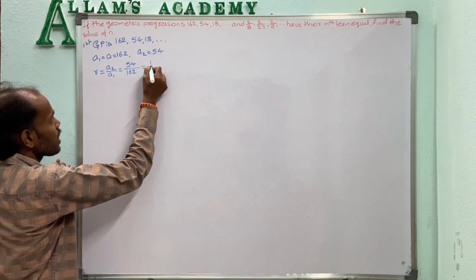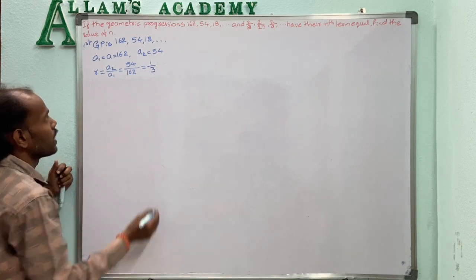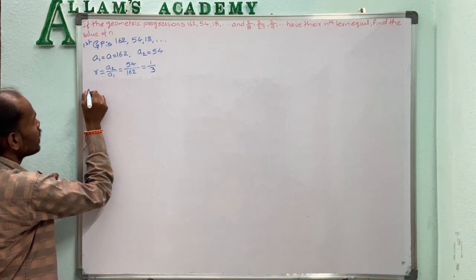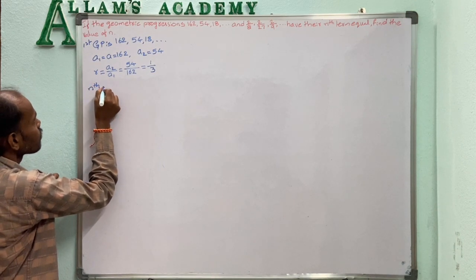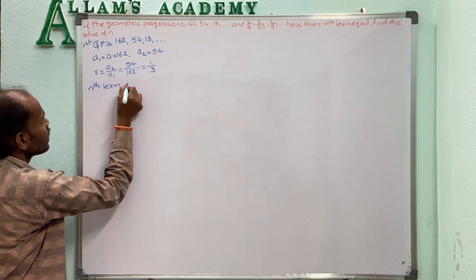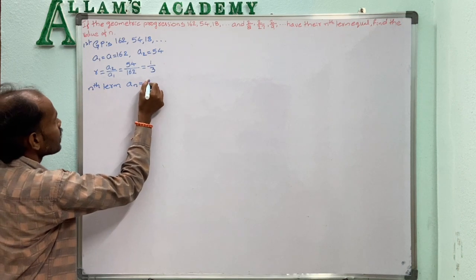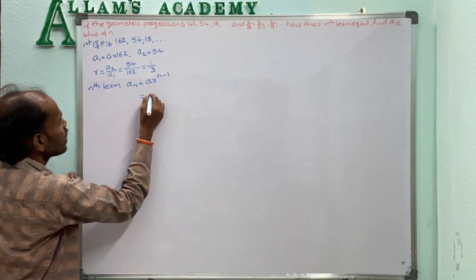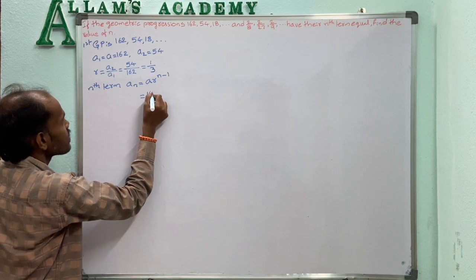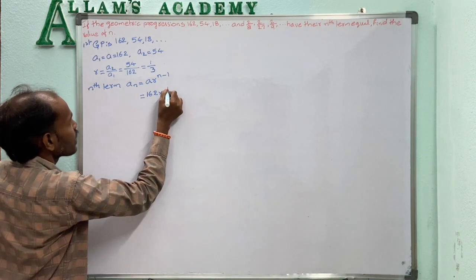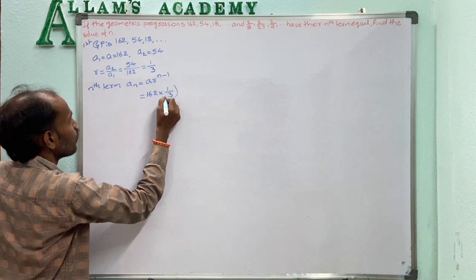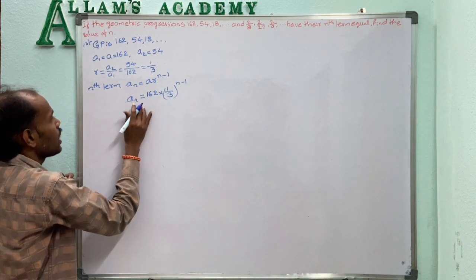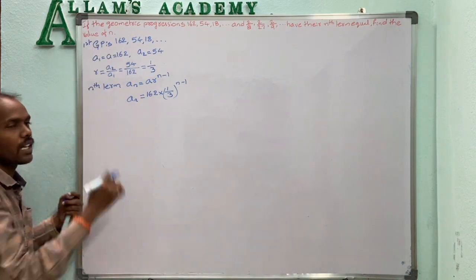So the common ratio is 1/3 and the first term is 162. So the nth term an is equal to a into r power n minus 1, that is 162 into (1/3) whole power n minus 1. It is the nth term of the first geometric progression.